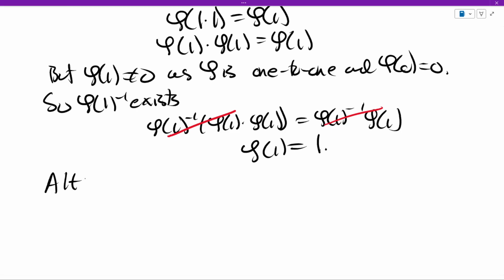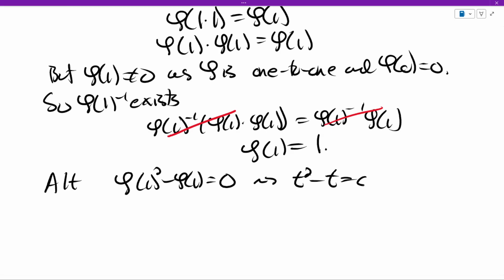Alternatively, we have phi of 1 squared minus phi of 1 is 0, if we were to move that over. And this class is largely about zeros of polynomials, so if we want to think from a polynomial point of view, we're looking at the polynomial t squared minus t is 0.